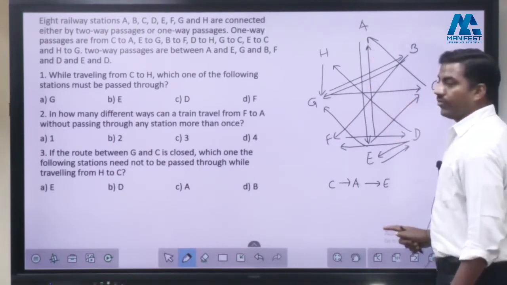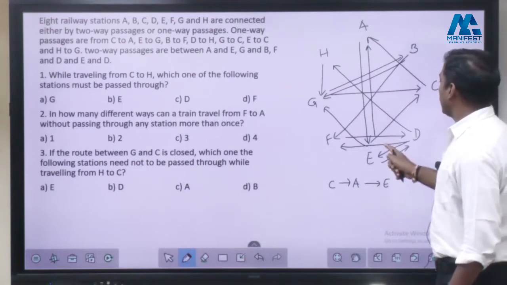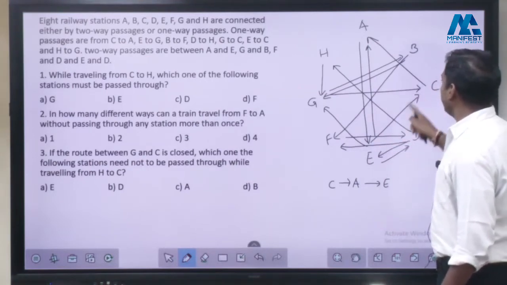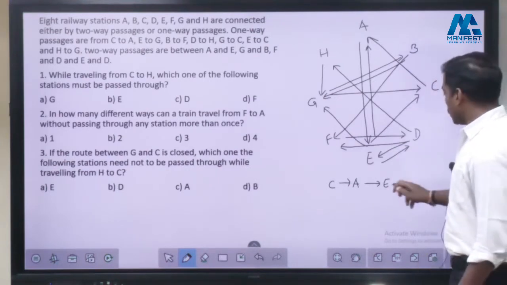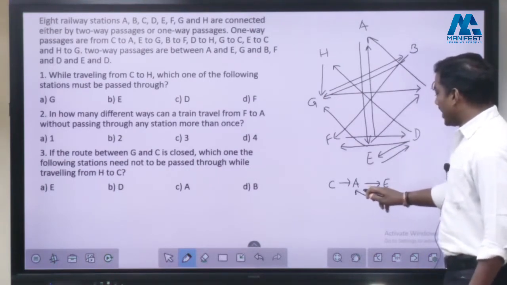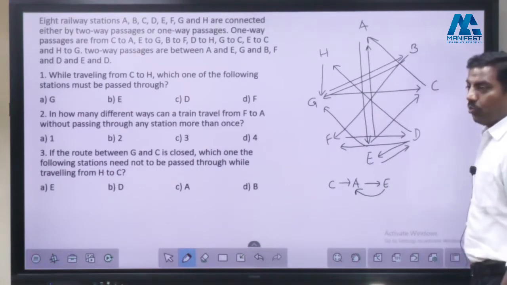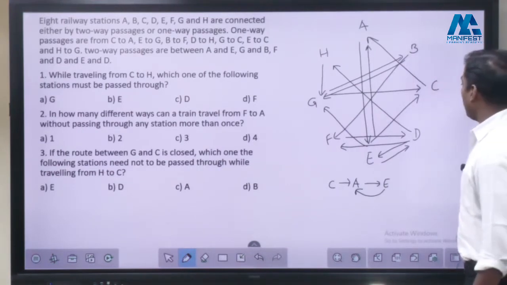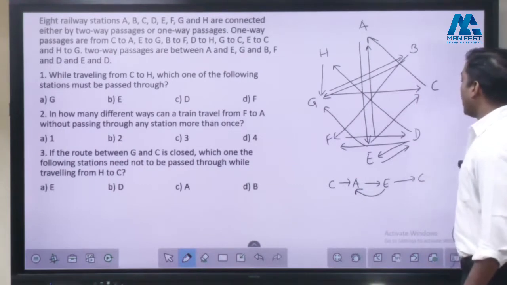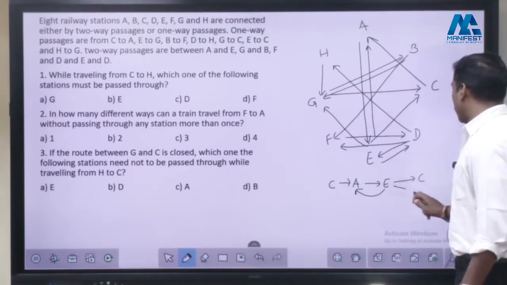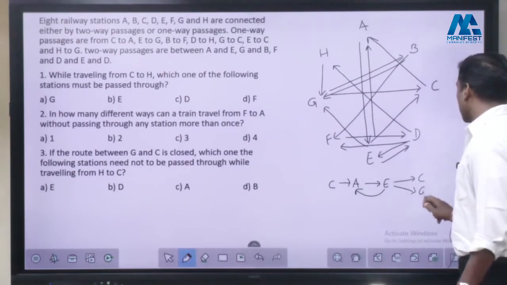One to A, one to C, one to G. So three outlets. So one is coming back to A. It is becoming a loop. Then from E, we have the way to C. And from E, we have the way to G.